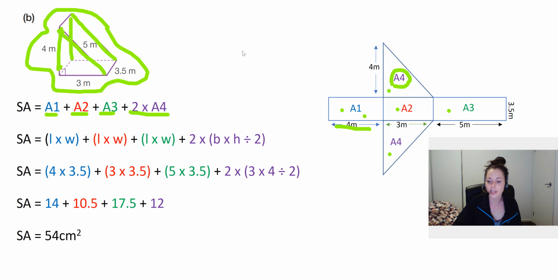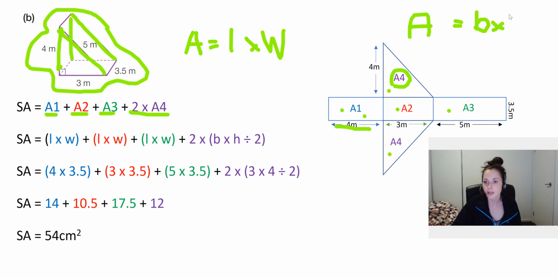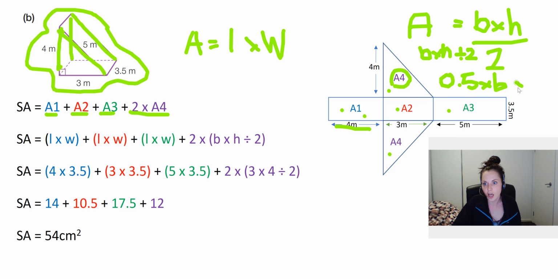Remember, for rectangles the area is length times width, but for triangles the area is base times height divided by 2, or you might see it as 0.5 times base times height.